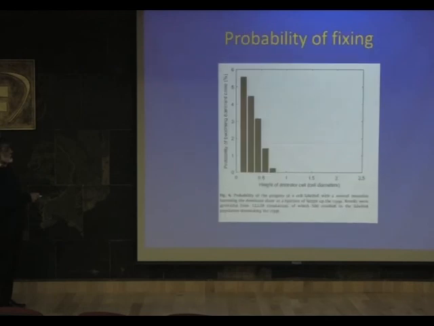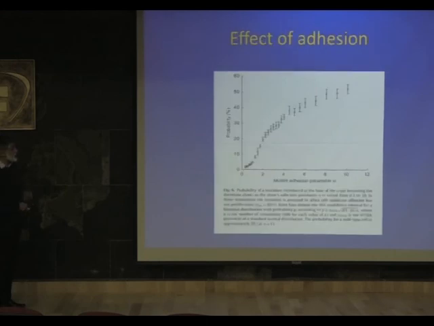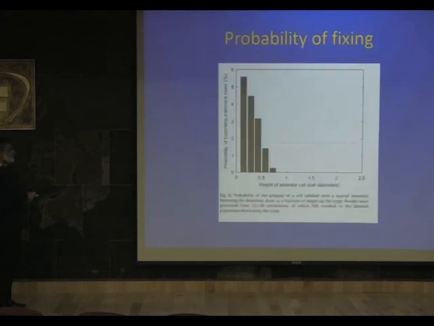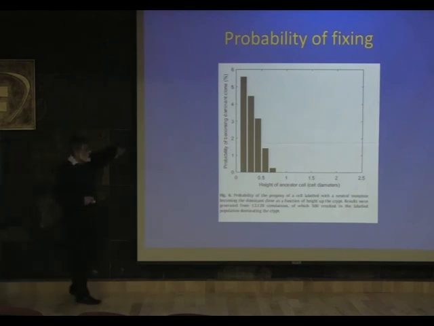And then you can ask questions. If you've got the proliferation rate, what's the probability of fixing, so that everything becomes that cell type, so that the mutant overtakes everything? And here, as you change the adhesion, what's the probability you'll take over? And one thing I should point out here, as the cells divide and they move up the crypt, at some point they stop dividing.